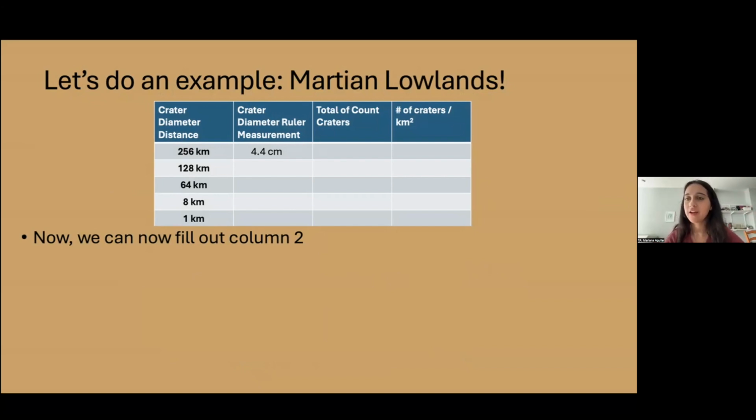It's just so you have an idea of what kind of things you should look for. And so when you measure a crater, let's say 8, and this is not the answer, but let's say 8 is half a centimeter. You know that anything you measure that's half a centimeter will fit into that group. So just a quick way to be able to identify. So the ruler measurement was 1.7 centimeters, Naomi. Sorry, yes.